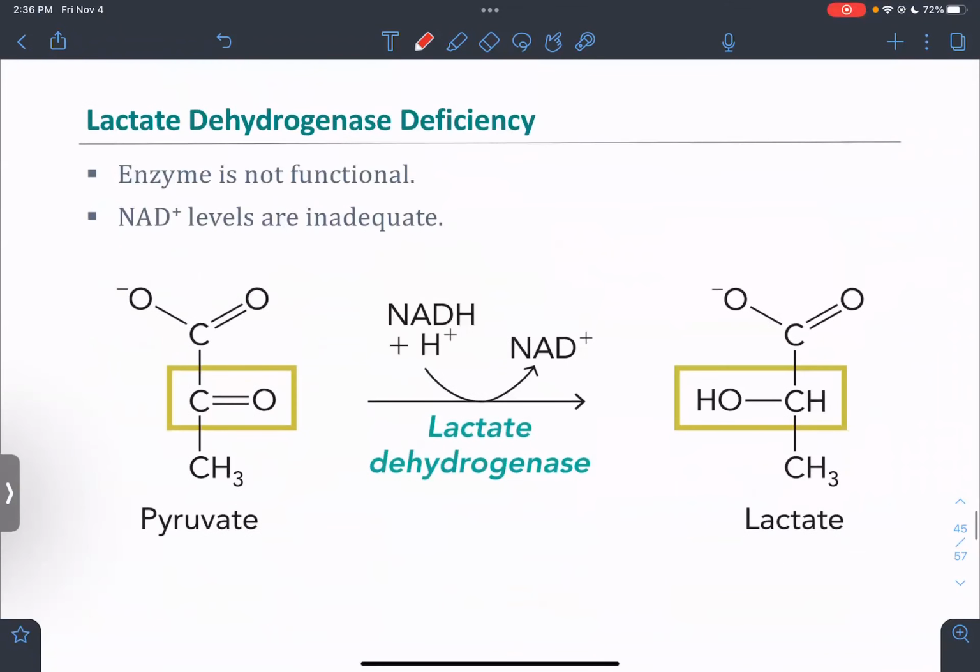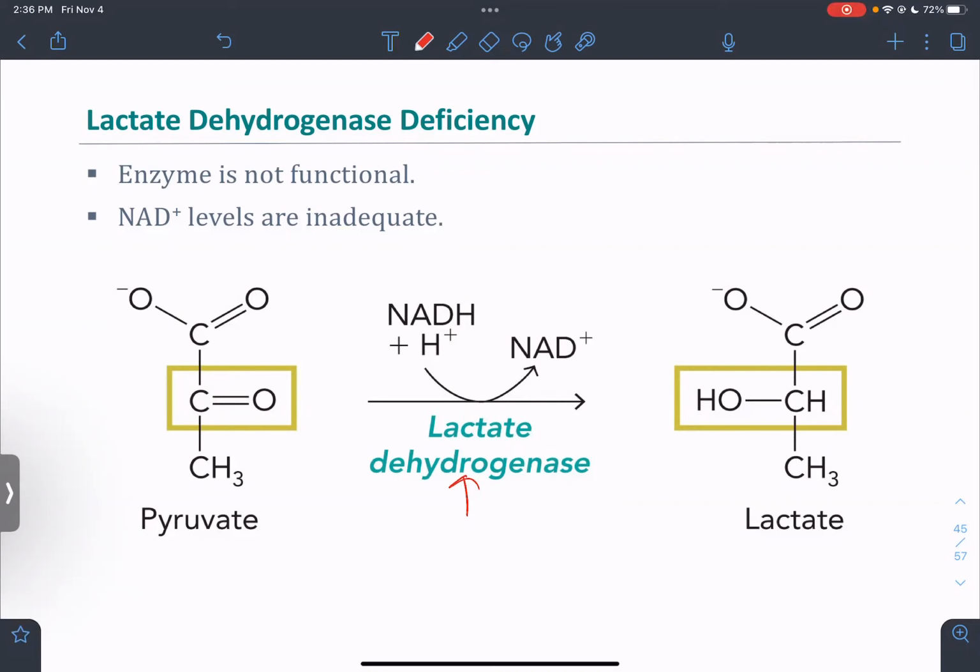So we see this in people who have lactate dehydrogenase deficiencies. If you have somebody who has a mutation with a loss of function of lactate dehydrogenase, then the patients can't maintain really long sustained periods of exercise because they can't use glucose to make ATP that's needed for muscle contraction.